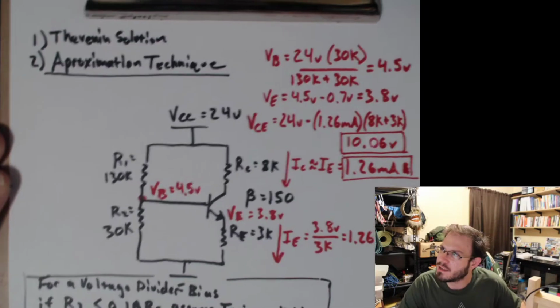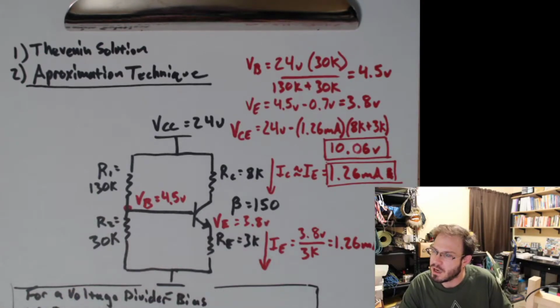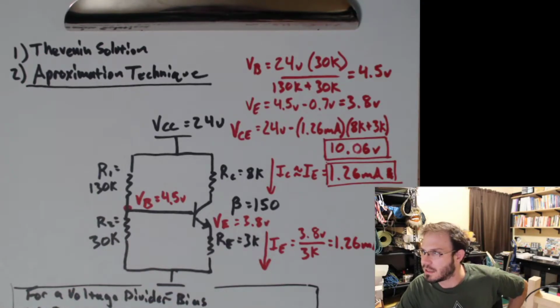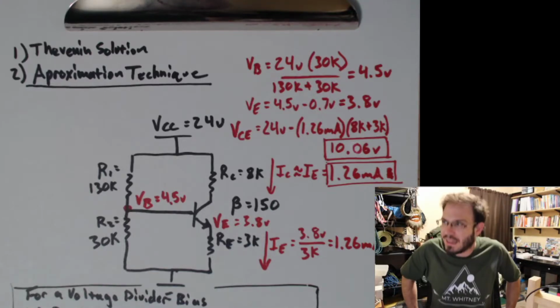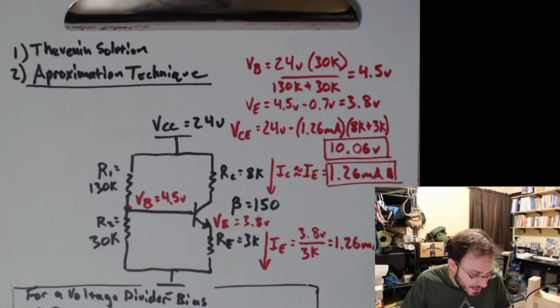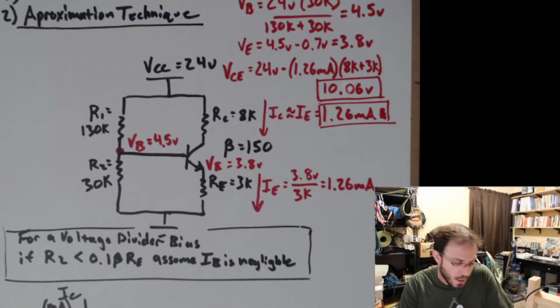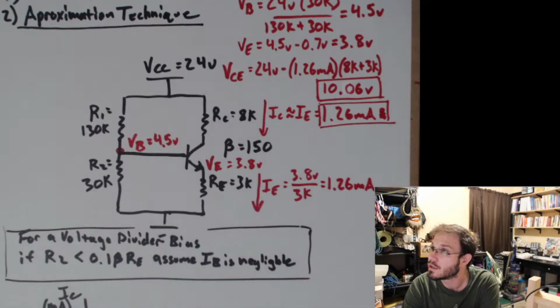So that's the approximation technique. I think this is vastly quicker and faster than that Thevenin solution that we covered last time. And those are the only two DC solutions that we're going to cover for our basic transistor circuits.